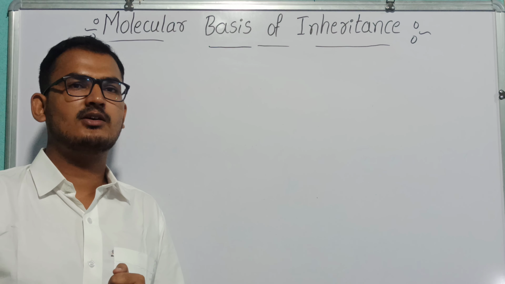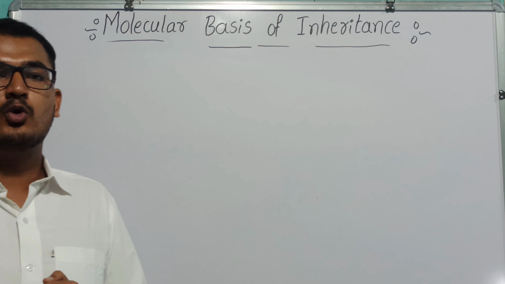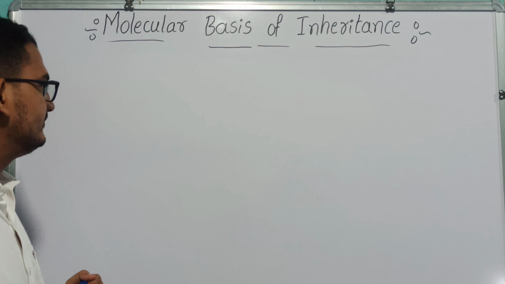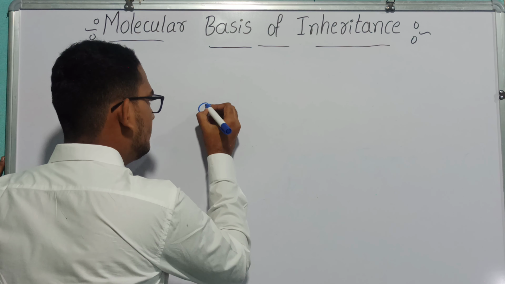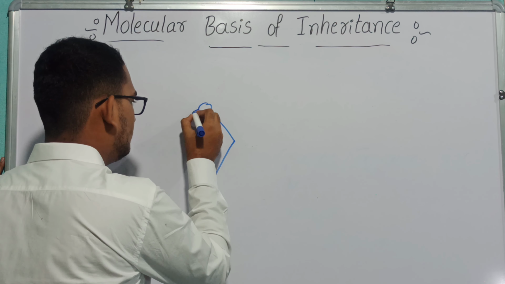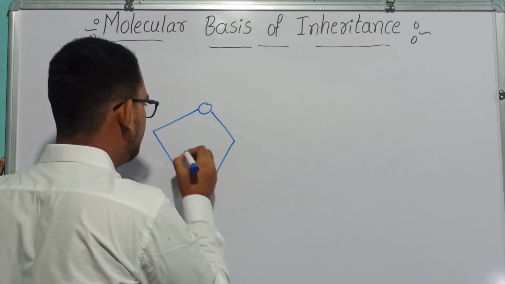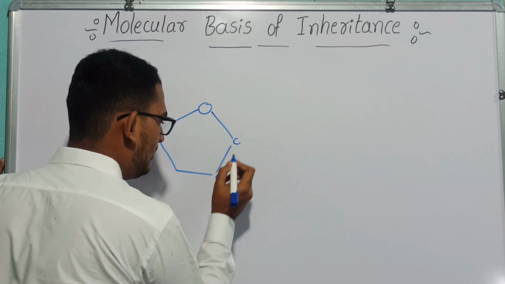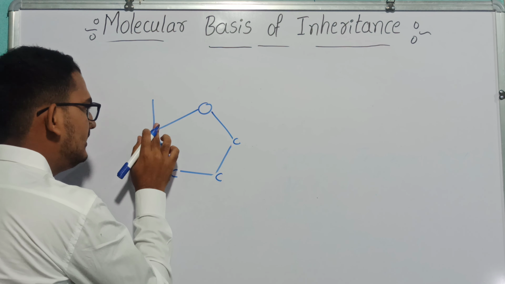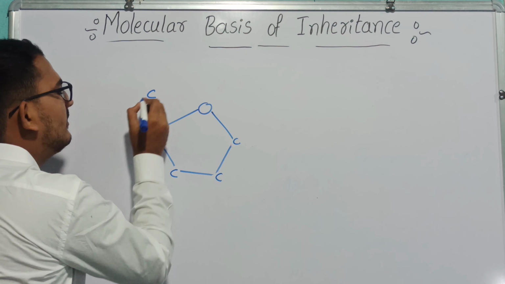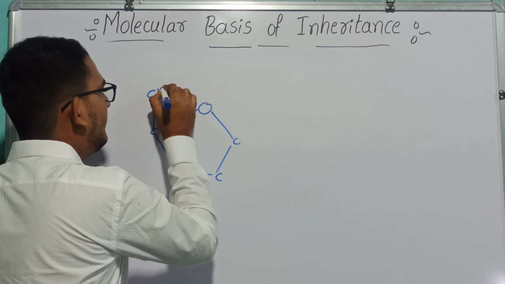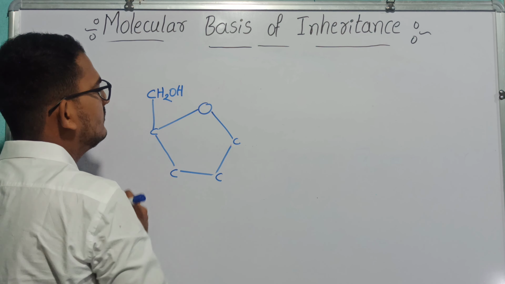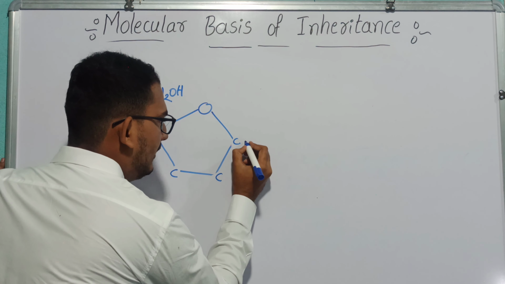Now we are going to study how these three components unite to form a nucleotide. This is the pentose sugar. This is carbon number 1, carbon number 2, carbon number 3, carbon number 4 and carbon number 5 is present in the form of an arm. Purines or pyrimidines, that is the nitrogen base, are attached to the first carbon of pentose sugar.